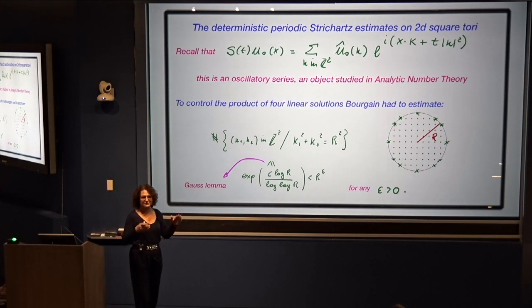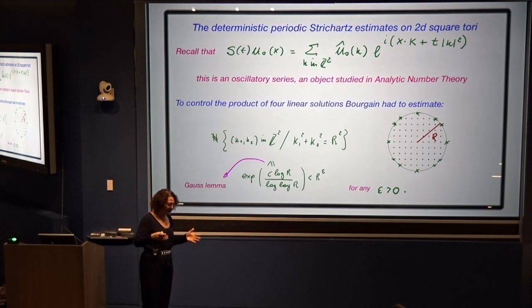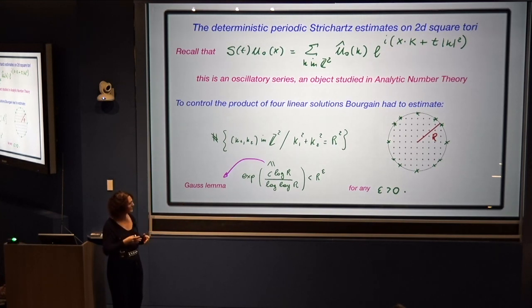And in fact, his goal was to estimate the product of four linear solutions the way I wrote before. And it turned out that in doing that estimate, in Sobolev spaces based on L2, okay? That's the natural space, because we already saw the kinetic energy and the mass are all based on L2.